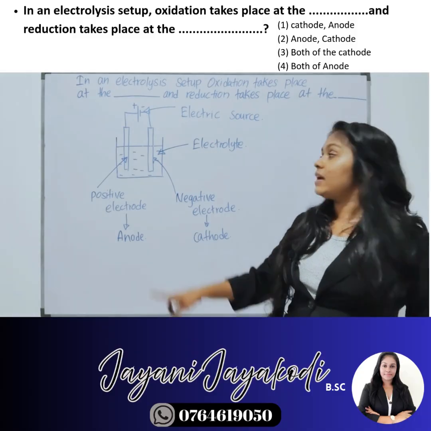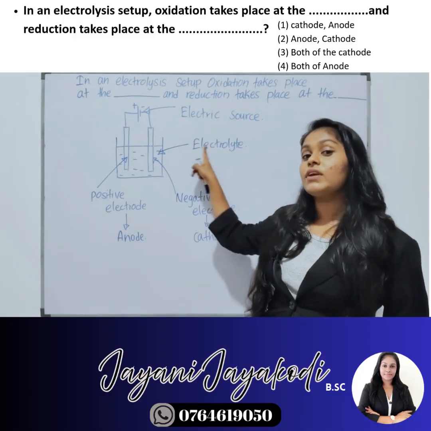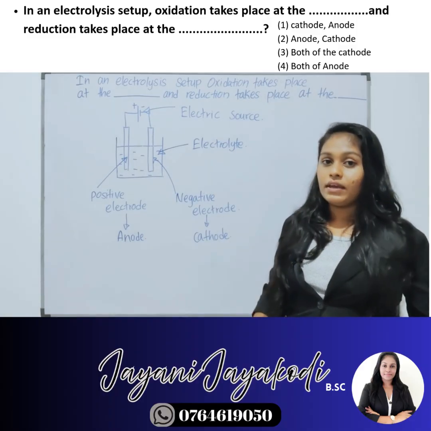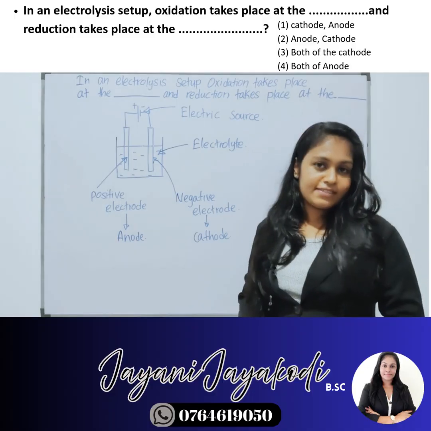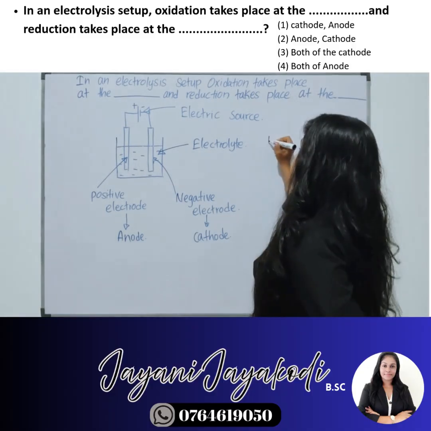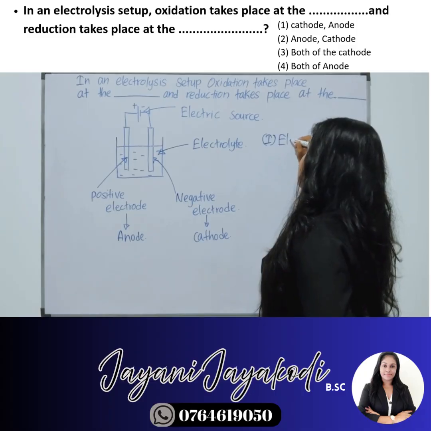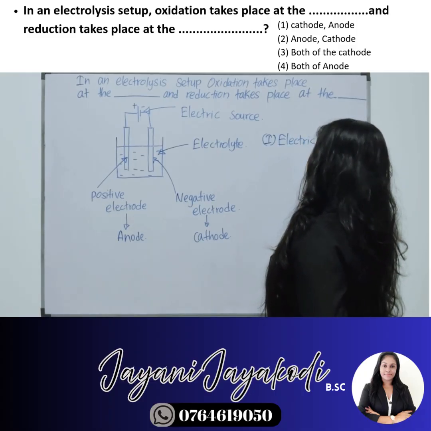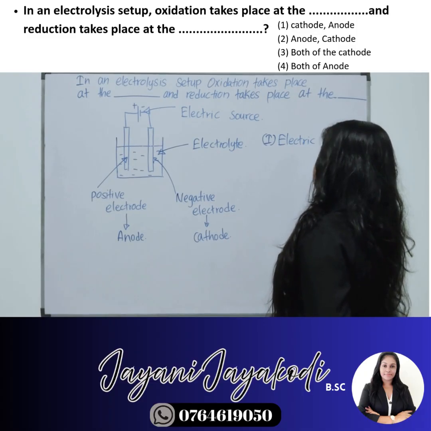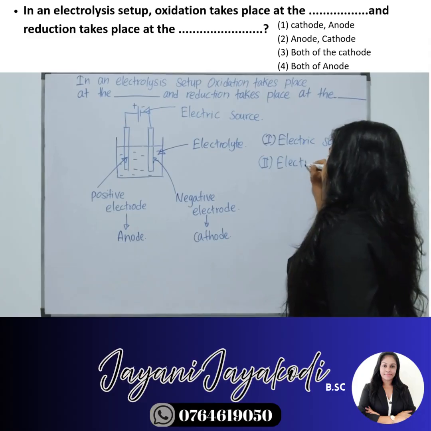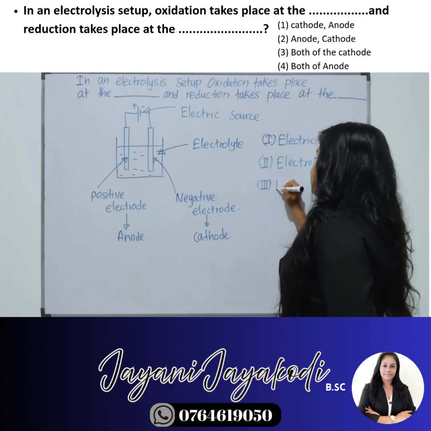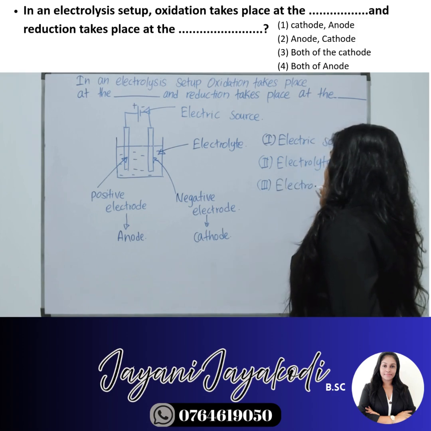Then the solution we know as electrolyte. So, here we are going to write the three major components of the electrolysis setup. Electric source, second one, electrolyte, third one, electrode.